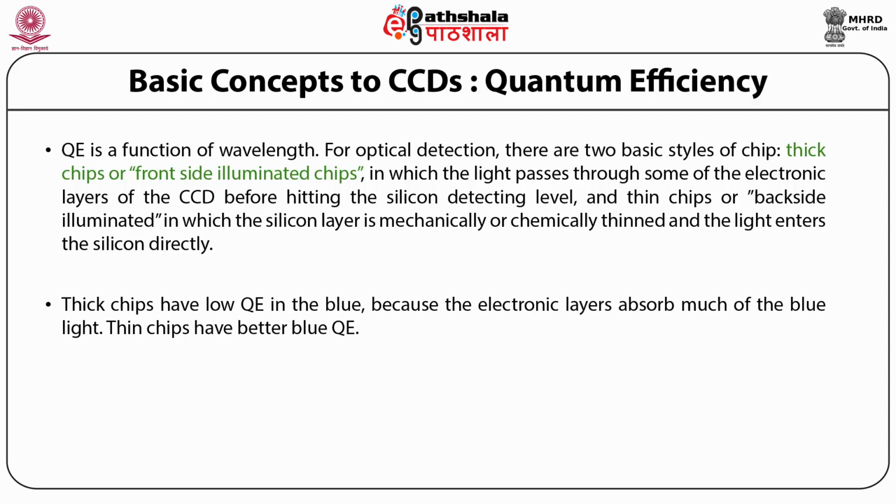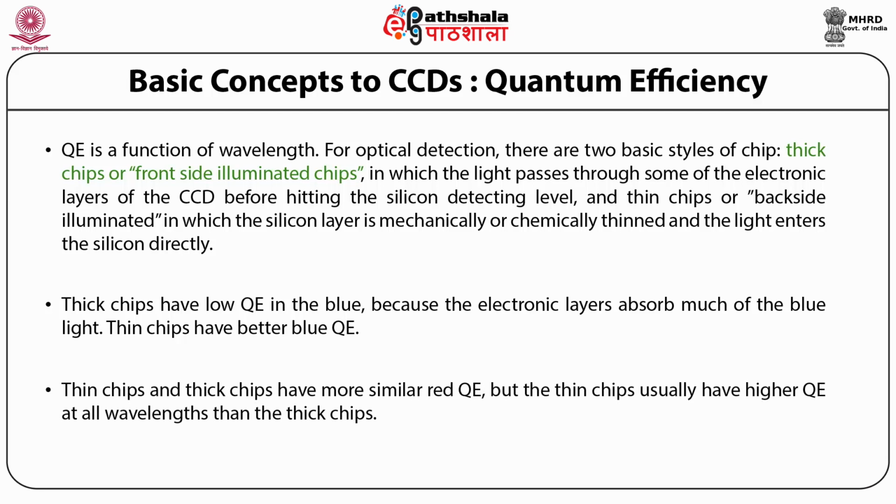Thick chips have low quantum efficiency in the blue because the electronic layers absorb much of the blue light. Thin chips have better blue quantum efficiency. Thin chips and thick chips have more similar red quantum efficiency, but thin chips usually have higher quantum efficiency at all wavelengths than thick chips.